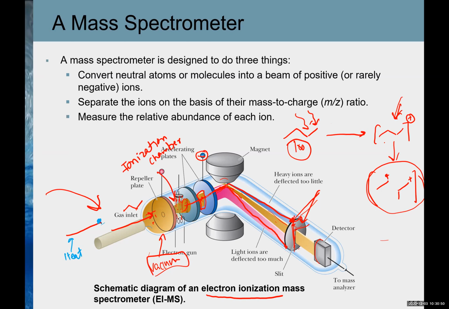When we heat this metal tip, our solid will melt and evaporate, and then we inject it in. So it is okay for some solids which we can evaporate. If the solid cannot be evaporated, then we cannot use this technique. Then there are some other kinds of mass spectrometers available, but we cannot use EIMS.